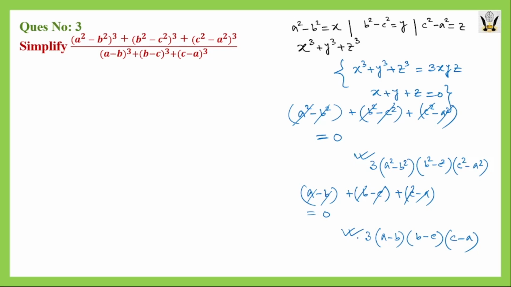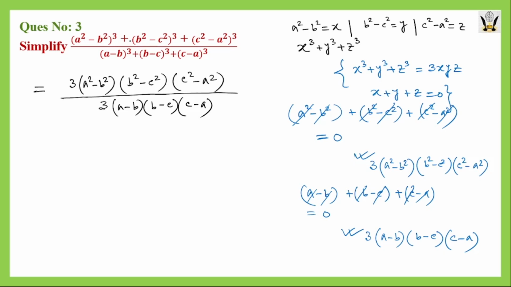So these two expressions now we will be using in our actual or given expression. The value of x cube plus y cube plus z cube that we have in the numerator, we have already found out, and that value is this, and that we have written. And the value of again the format x cube plus y cube plus z cube in the denominator, that value again we have found out, and this is the value.